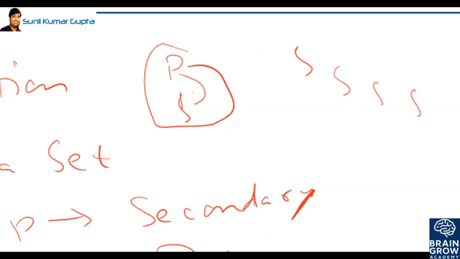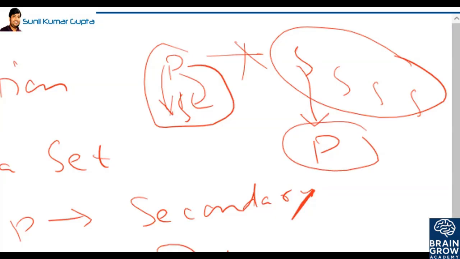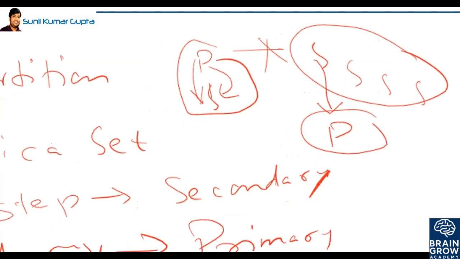This primary is only able to connect with this one secondary and not with the others. So what will happen? The primary will step down, and from these secondaries any eligible secondary will become primary. So this is another scenario where the election for primary can occur.